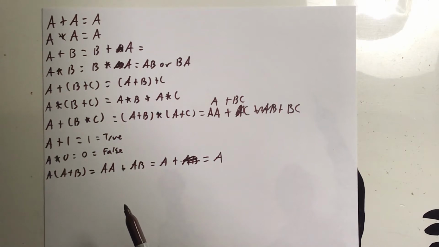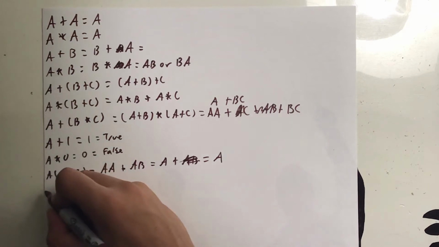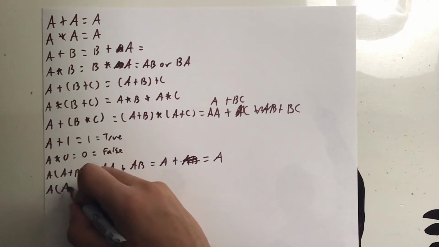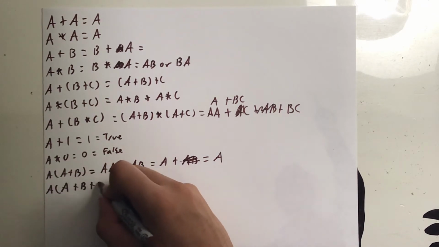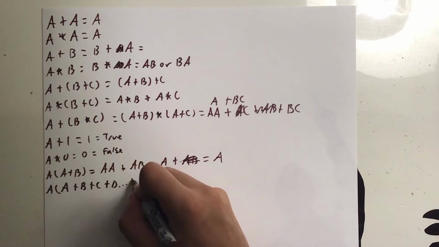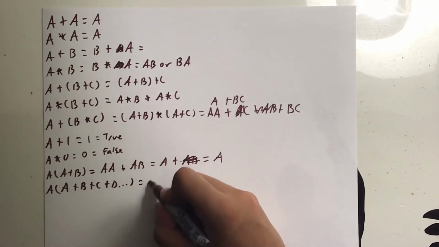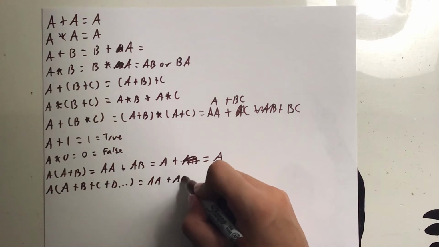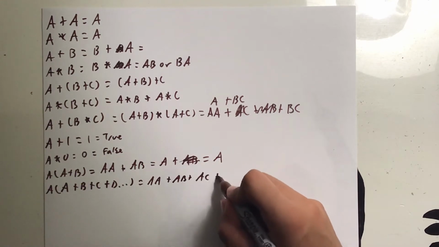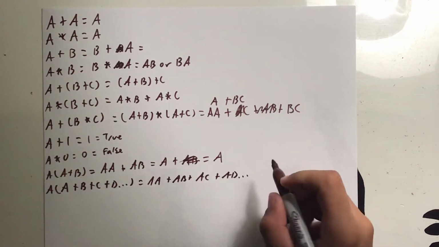Let's see, we had A times A plus B plus C plus D, dot dot dot. So that's going to be AA, AB, AC, AD, dot dot dot.